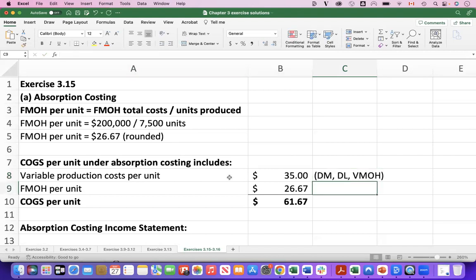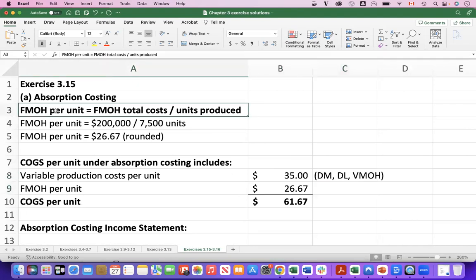What we need left to do first is to calculate the fixed manufacturing overhead per unit. It's the total fixed manufacturing overhead cost for the year, in this case the 200,000, divided by the units produced, which was 7,500. We get a fixed manufacturing overhead of approximately $26.67.